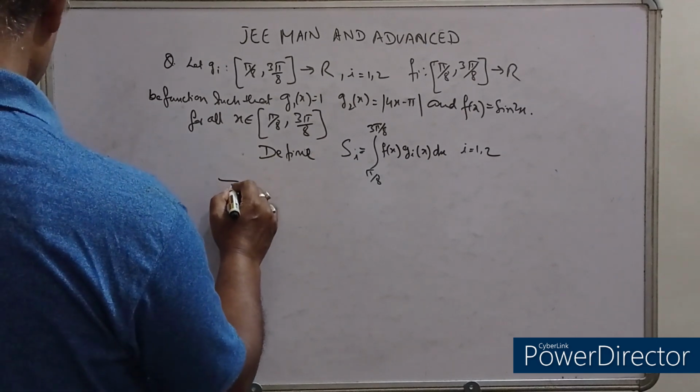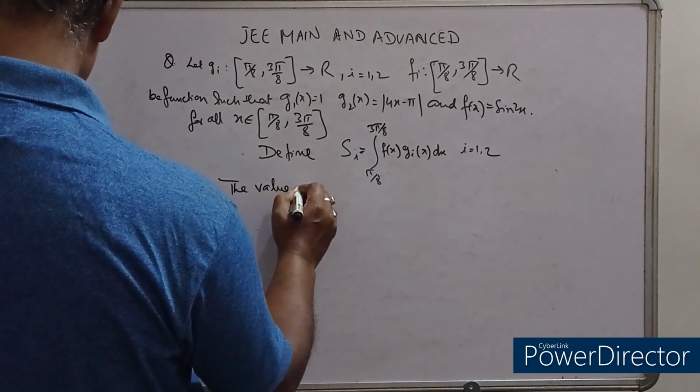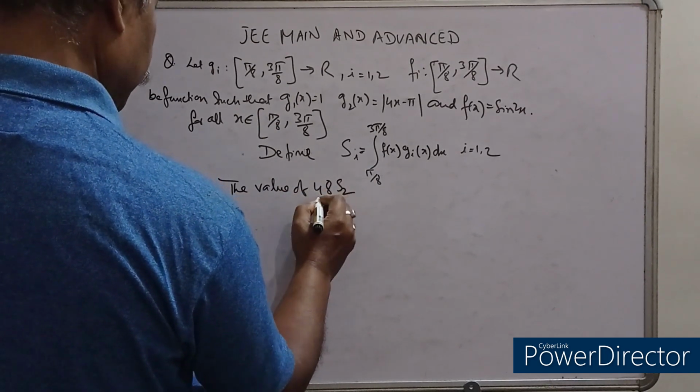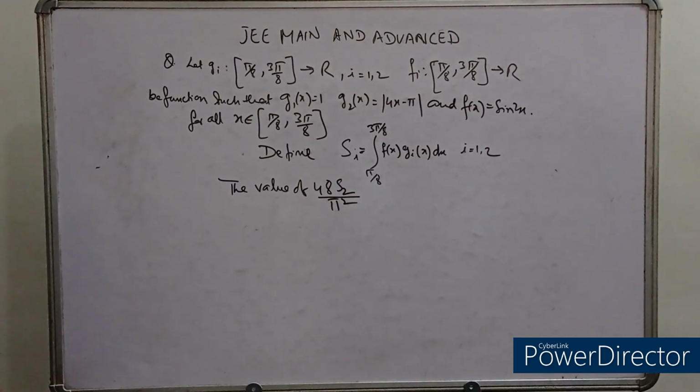The value of 48 S2 by pi square. So this is your question.